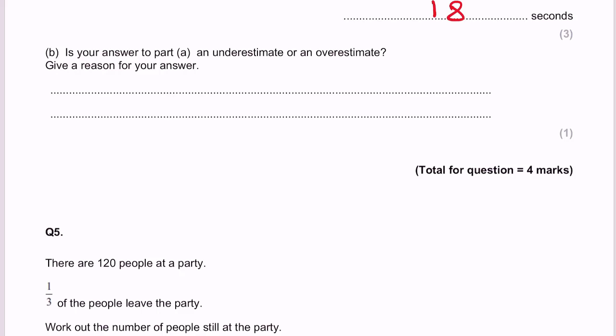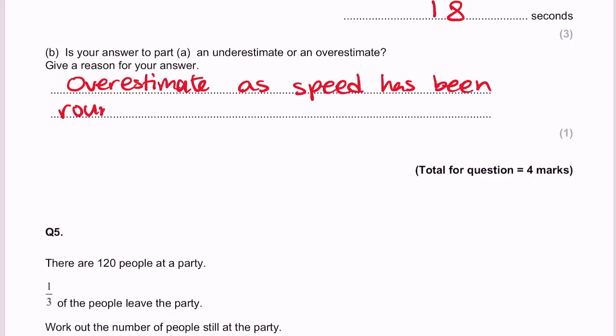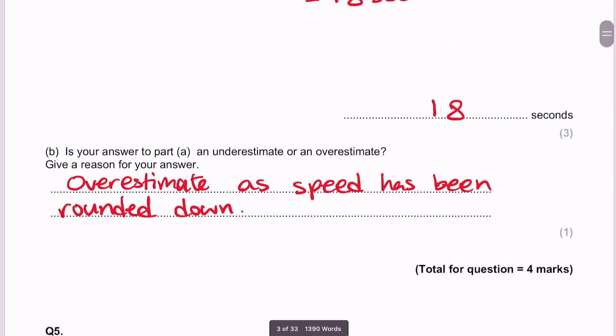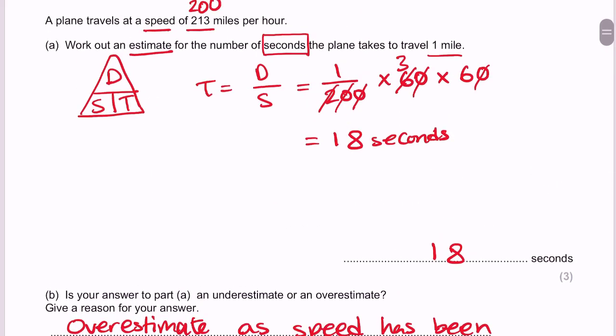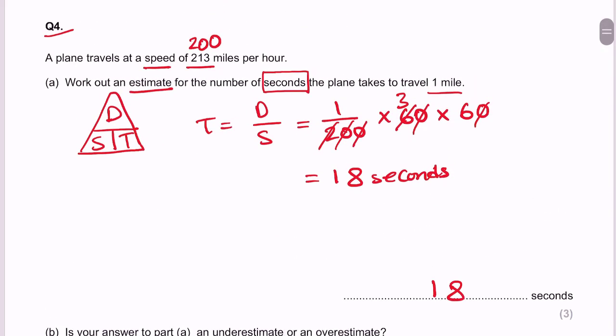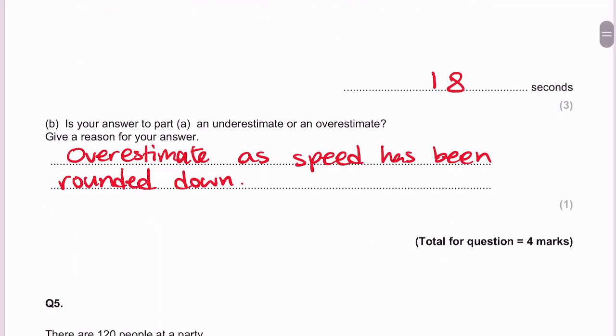Now the answer is overestimate, because speed has been rounded down, because the actual speed was 213 miles per hour, and we rounded it down to 200 miles per hour because we had to round it to one significant figure, and that is worth 4 marks.